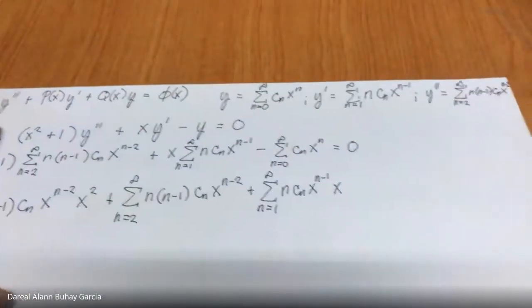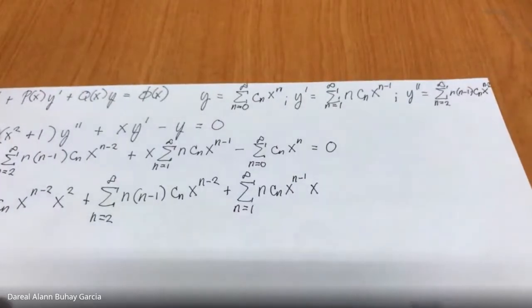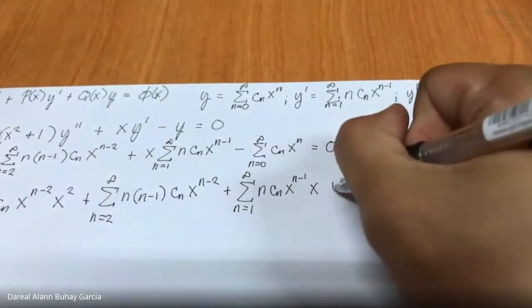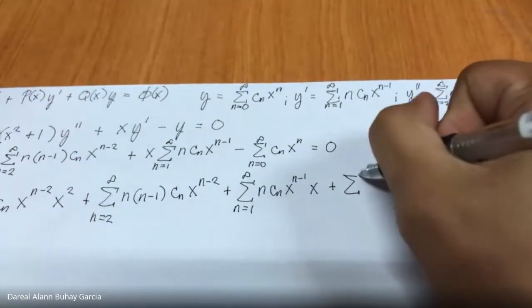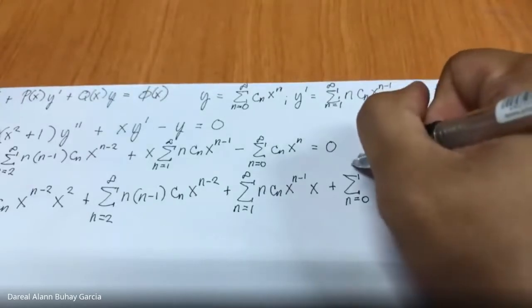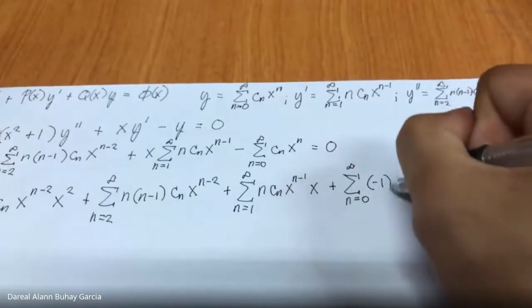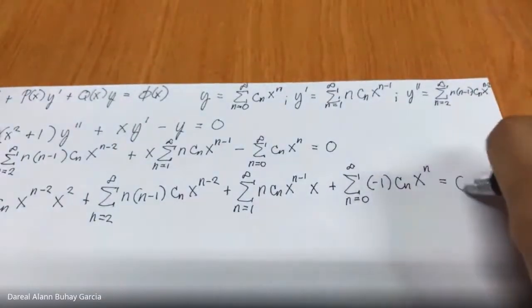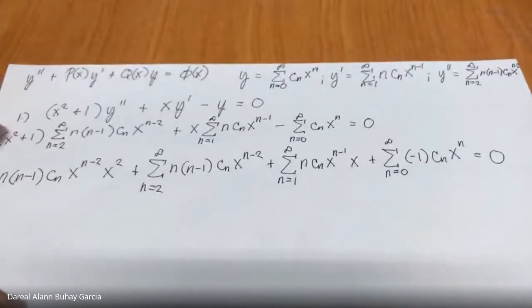Then, it's nice to bring in the negative 1, so that we only have positive summations later. Plus the summation n is equal to 0 to infinity of negative 1 times c sub n x to the power of n.